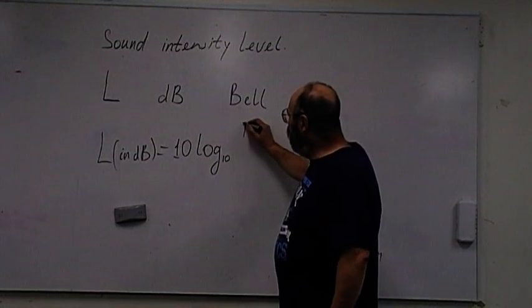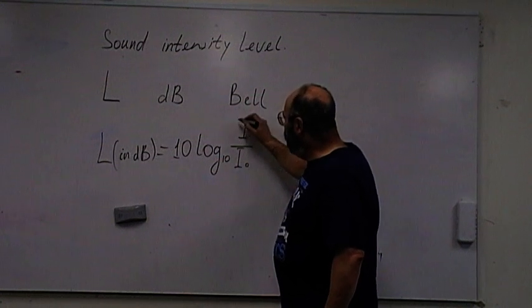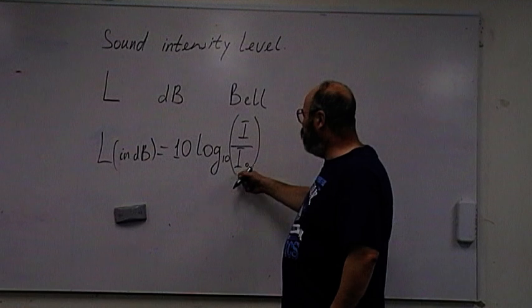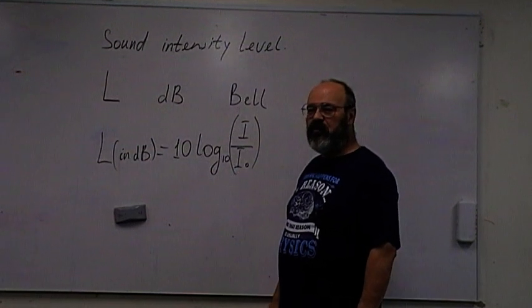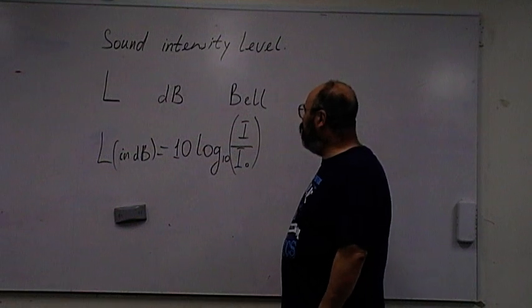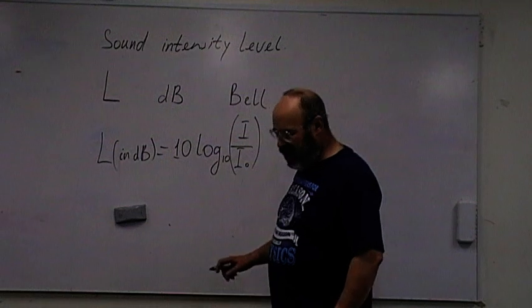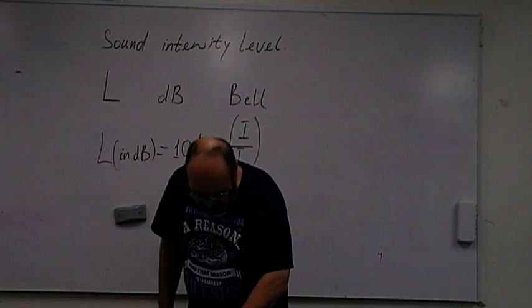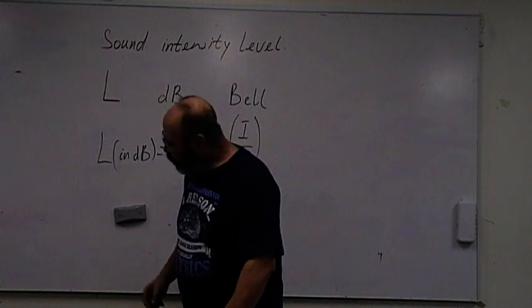Log 10 of intensity divided by the threshold of hearing, which is I0, which is 10 to the negative 12. So, let's calculate what the sound intensity level will be for, let's say, a jackhammer.